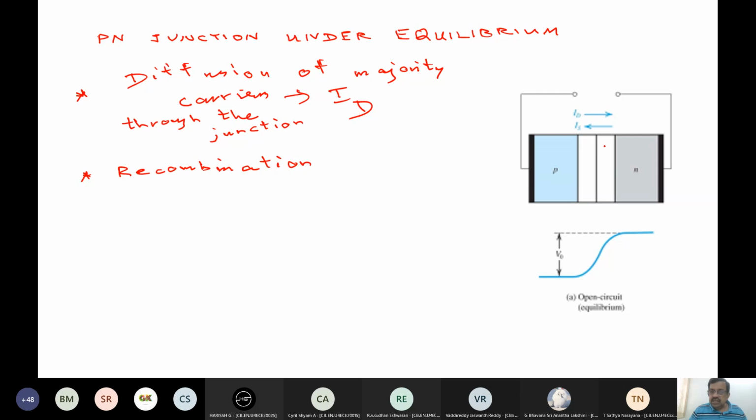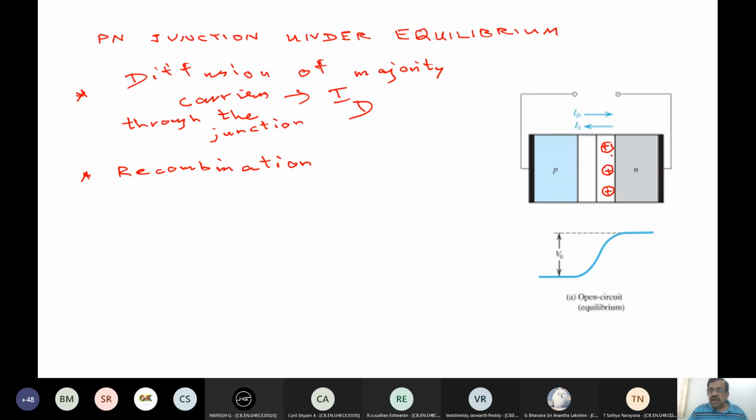Therefore these donor atoms are uncovered, and the donor atoms acquire a positive charge because of the recombination phenomenon. The donor gets positively ionized because the electrons associated with the donor atom have recombined with the holes that diffused into the junction.